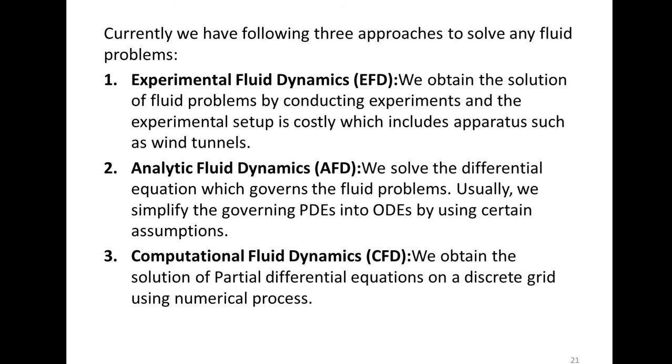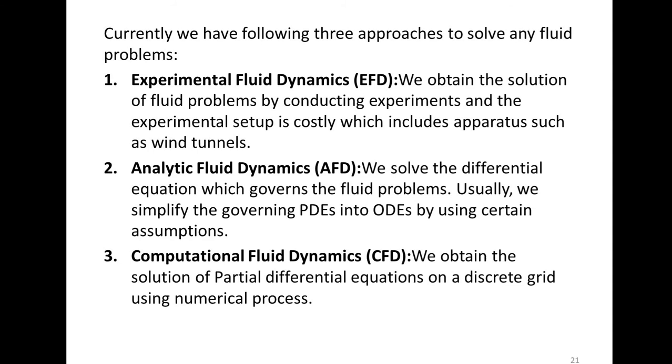So here we obtain the solution of partial differential equations on a discrete grid using a numerical process. You see, why we choose a numerical process is because the analytical way is very difficult, or sometimes we cannot reach the answer, and even though we can reach answers for some partial differential equations, it takes a lot of time, a lot of energy, a lot of money.